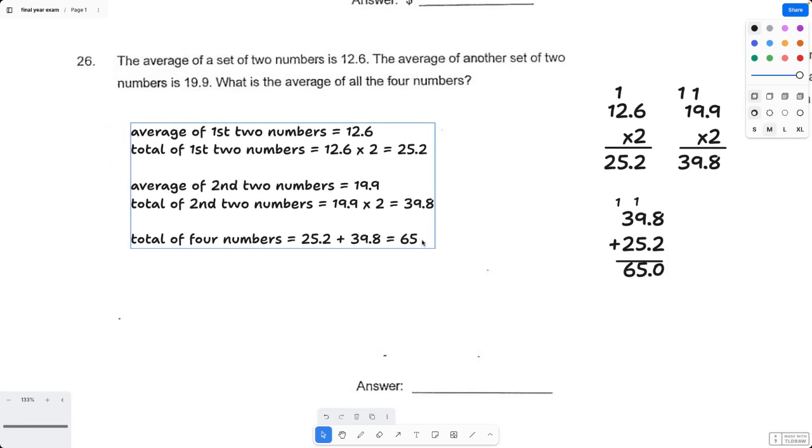So now we have the total of 65. We want the average of the 4 numbers, which is basically 65 divided by 4. This will give us 16.25.